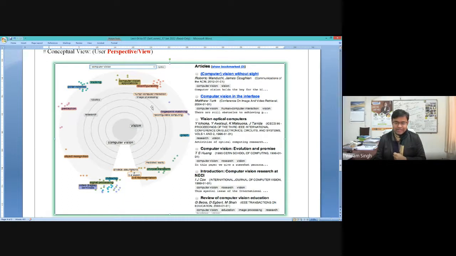If the user is interested to search about tracking or perception, and your interface provides some mechanism to play with them, like in our case, we have simply provided drag and drop. If the user is interested in perception, he selects that keyword and drags it into the center part.